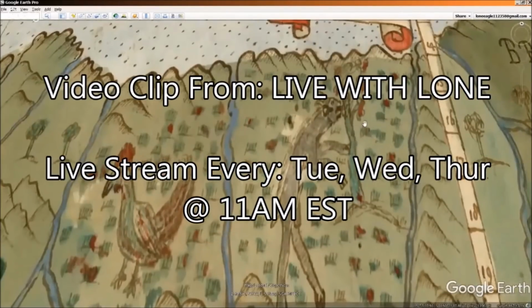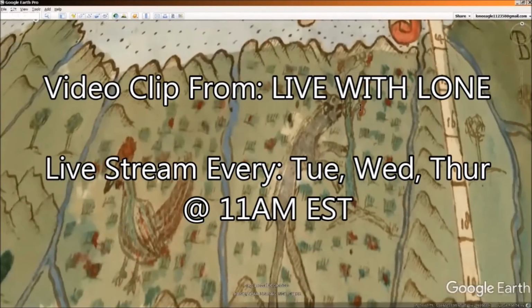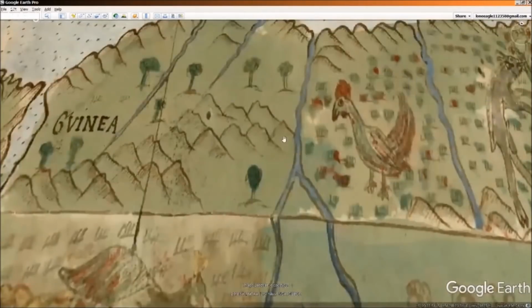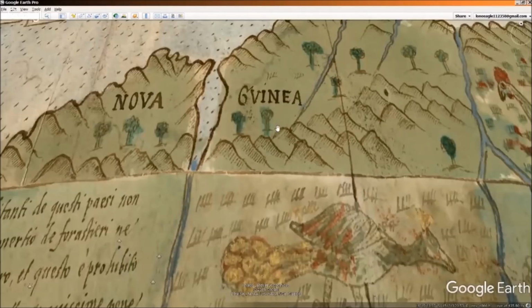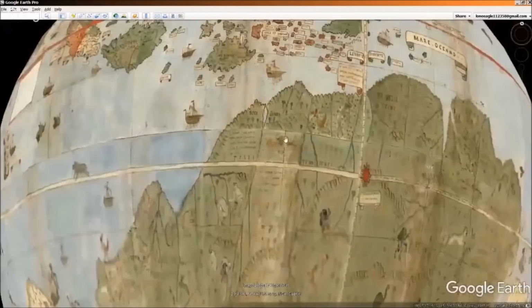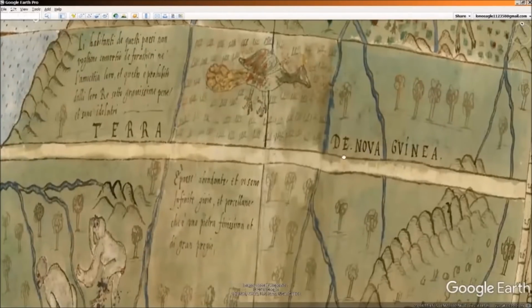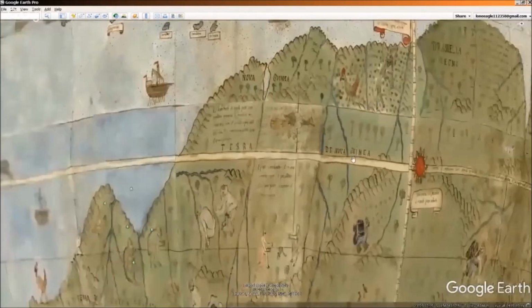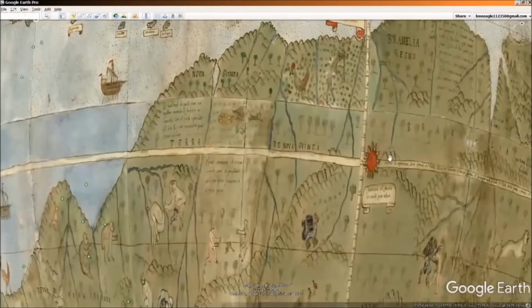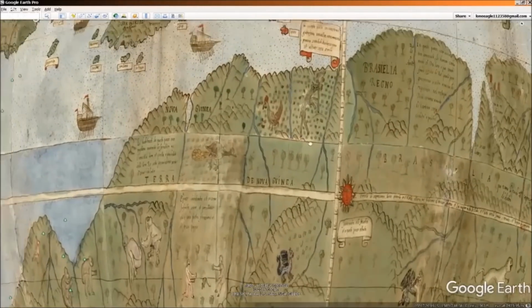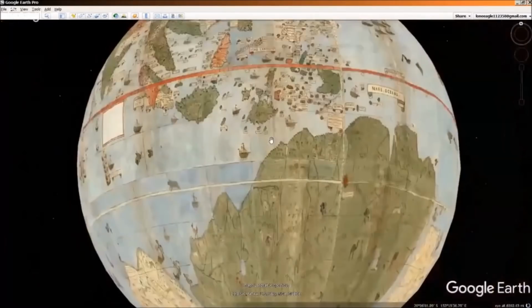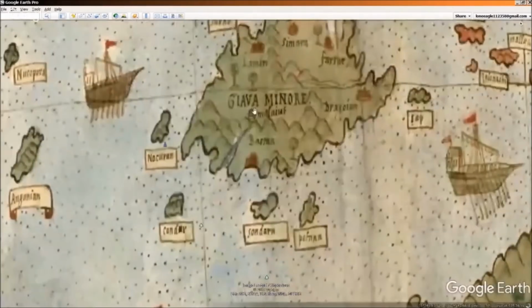All right, there's a giant something eating a tree. Nova Geneva or Guinea, New Guinea. That's New Guinea. Wait, because Nova means new. So if that's New Guinea, where are these islands?